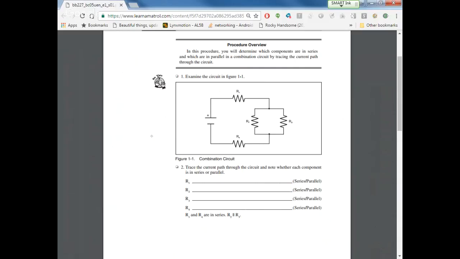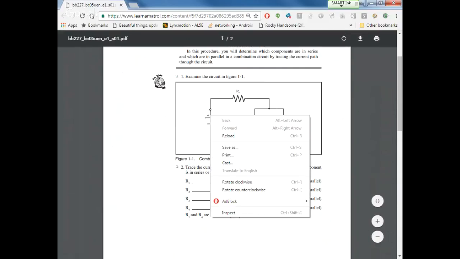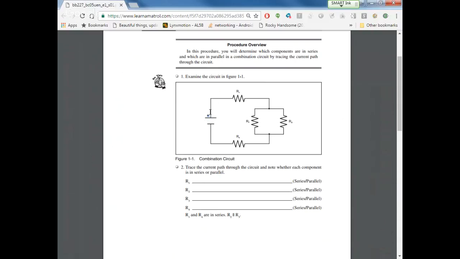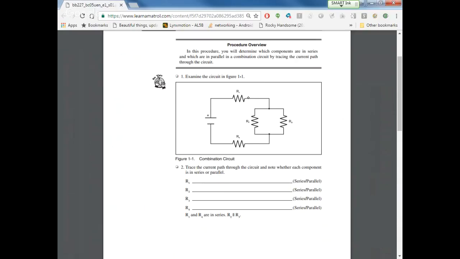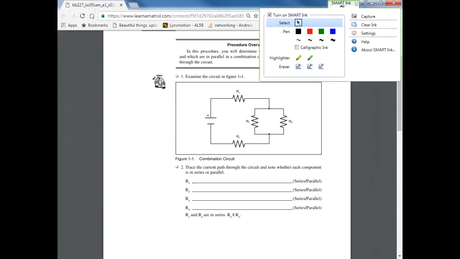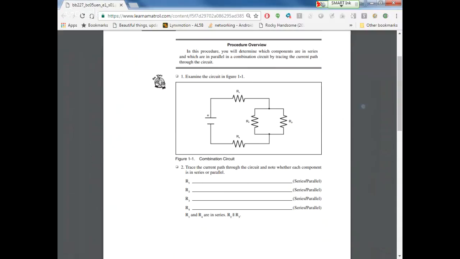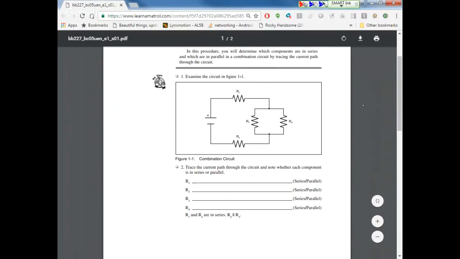Well, it's not letting me do this, but if we follow the path, we'll see that it comes through R1, and R1 is what with the entire circuit? Series. It is series. It's not working. So R1 is in series.